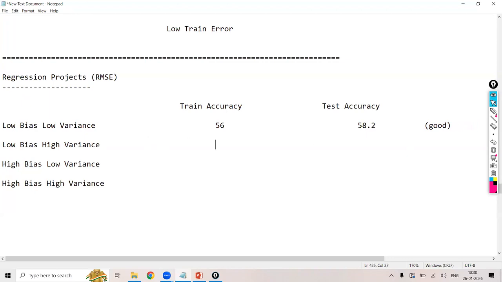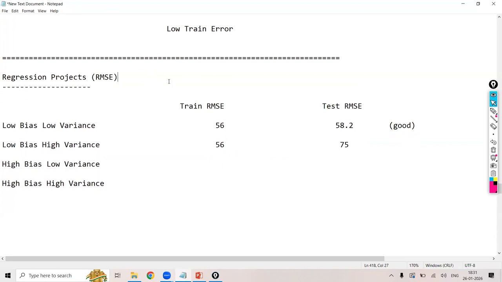Now RMSE is low here, 50 or 56 or something. But here you have 75. This is train RMSE, test RMSE. So in this case, bias is low. What is meant by bias? Train error. The train error is low here. Low bias means low train error.